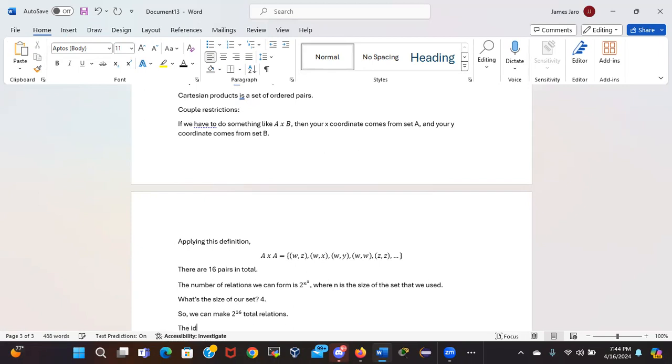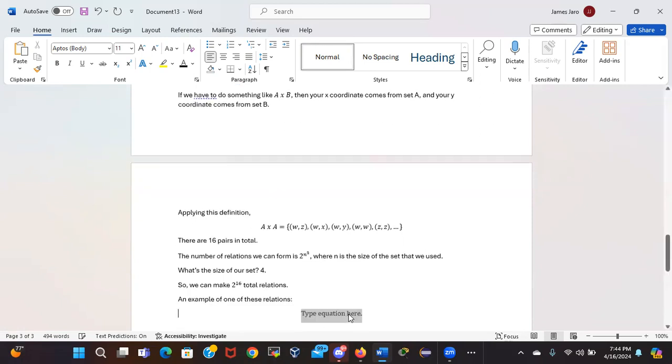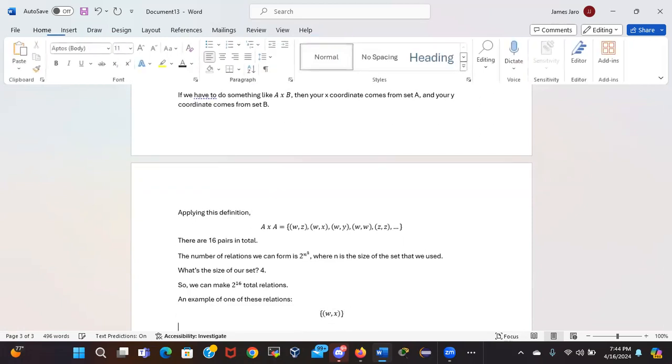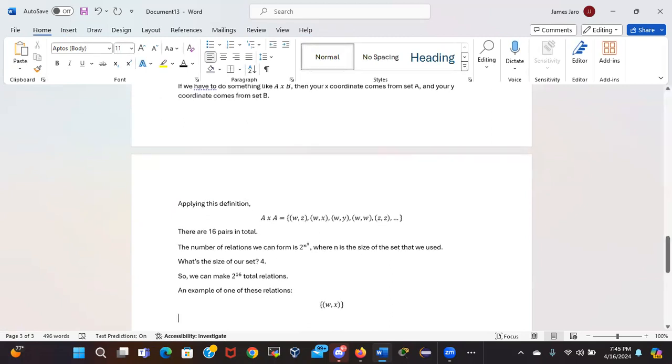The idea is that an example of one of these relations, just to help you visualize this, could be the set containing WX. Simple.